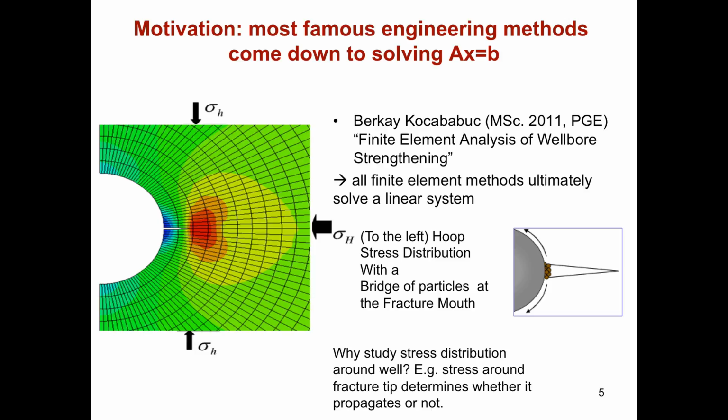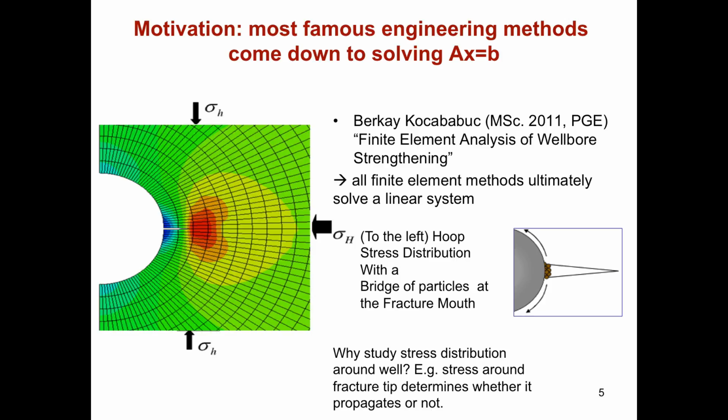Now these systems are much larger than 2 by 2, okay? So there will be as many elements as you see here. Of course, if you want to solve in 3D, they will be even larger. So it's important to be able to effectively solve large systems of equations. This is one example, but the majority of engineering problems that we solve today are linearized and ultimately come down to solving some system of equations or other.